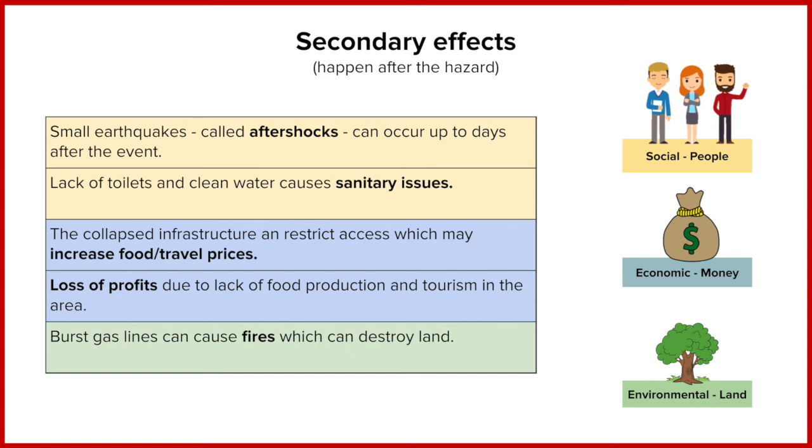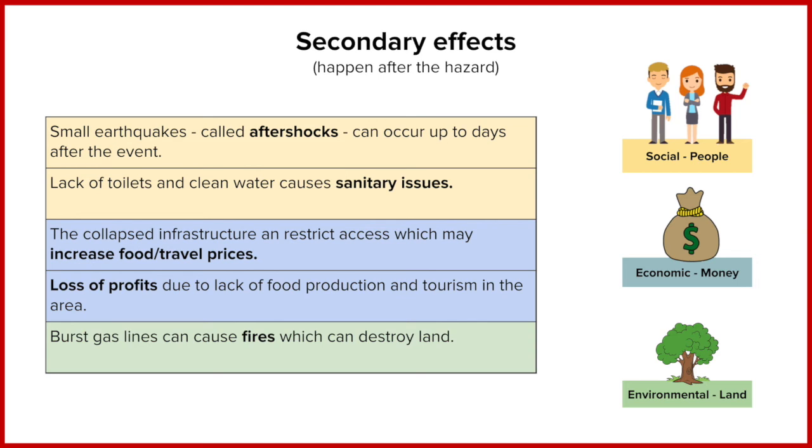There's a lack of toilets and clean water, particularly in areas devastated by a collapse in infrastructure, from a lack of piping, clean water and sewage networks. Homes have also been destroyed, so people will be living in temporary shelters and accommodation which won't have plumbed sanitation and water.